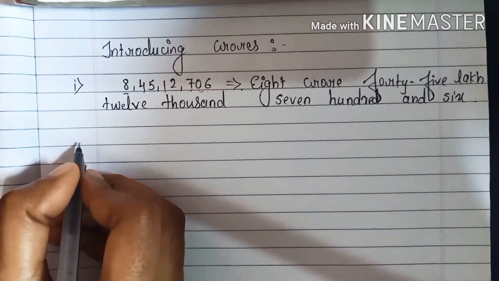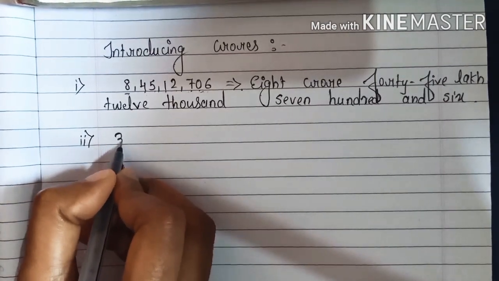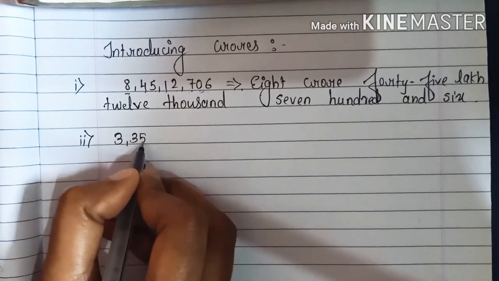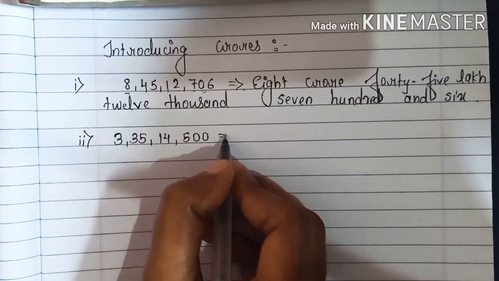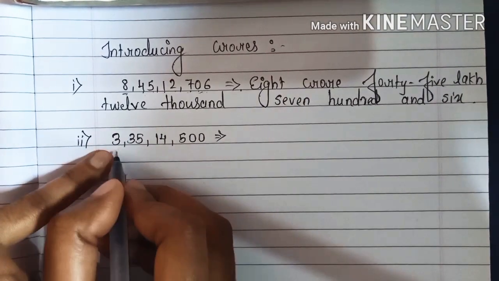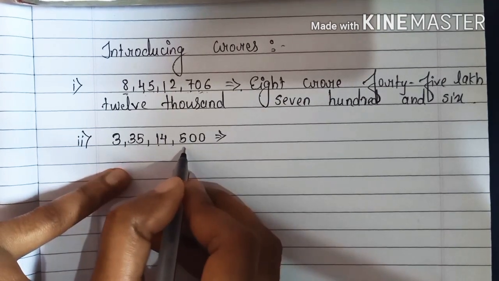Let's see one more example. Suppose if I have this, can be read as 3 crore 35 lakh 14,500.